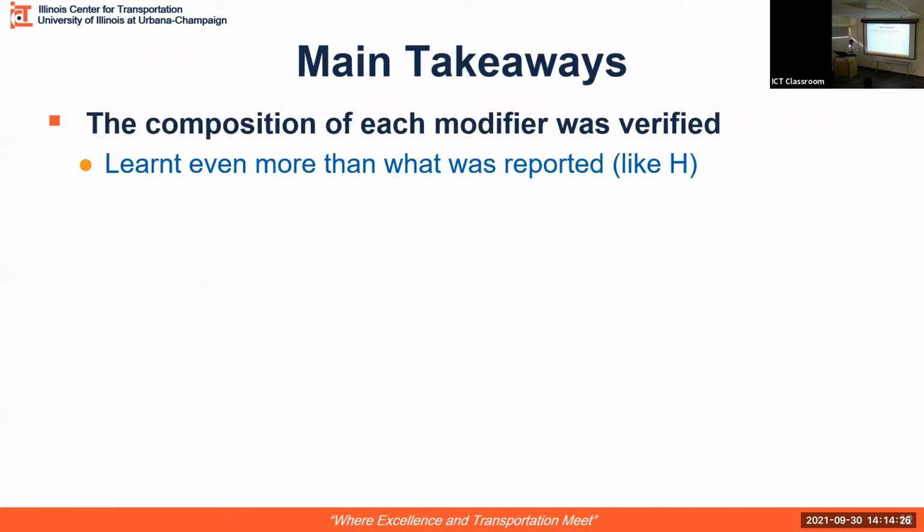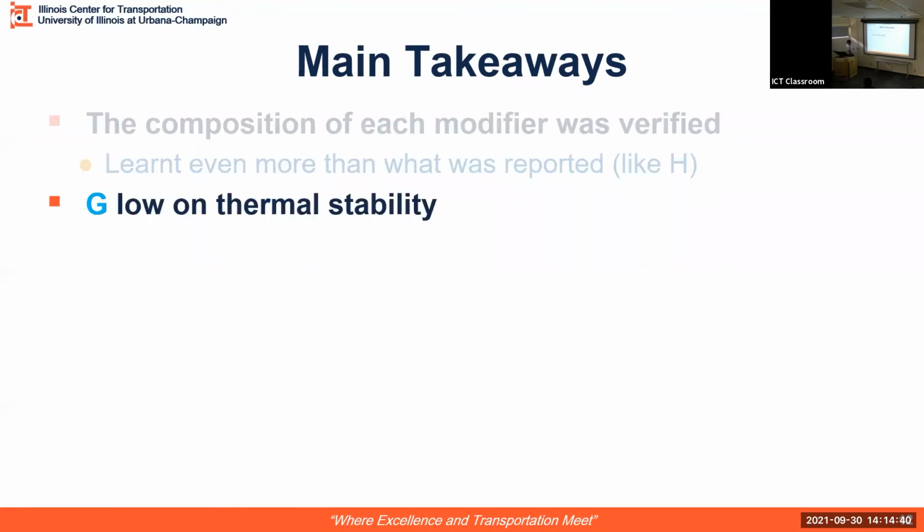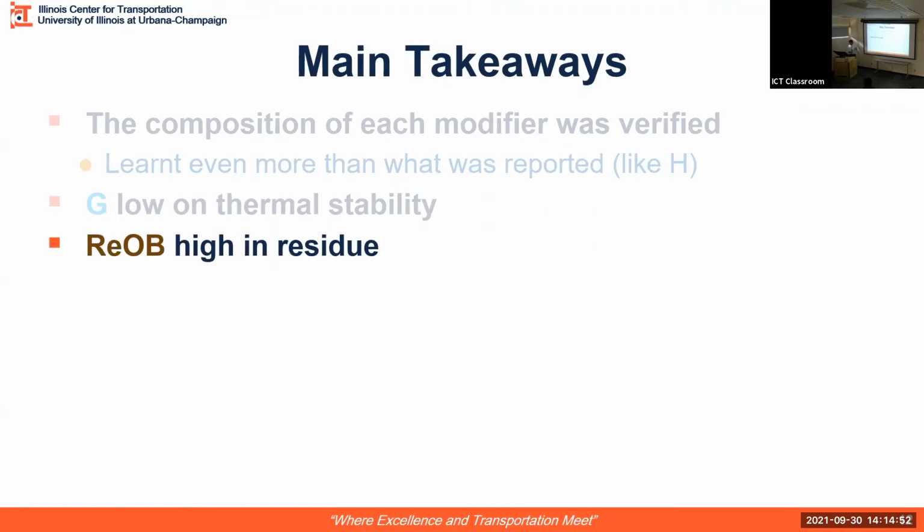The main takeaways from the modifier characterization were that we were able to verify what most of the modifiers were, and were also able to report modifiers like H, which had a composition of oil and petroleum base. Modifier G was low on thermal stability. That has to be taken care of because we deal with material which is exposed to high temperatures at the time of placement and construction. So that's something we need to take care of as we move forward.